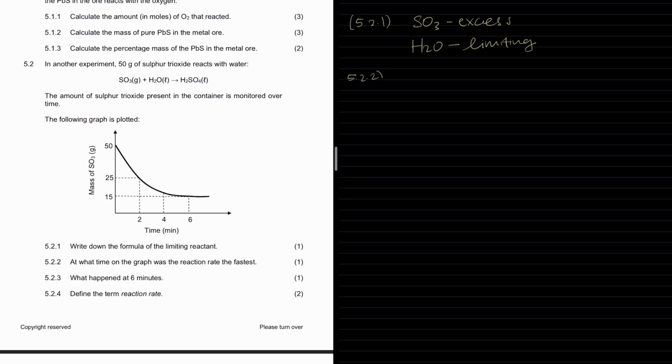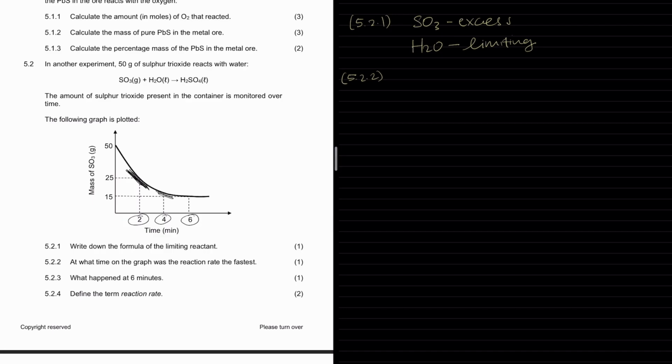5.2.2. At what time on the graph was the reaction rate the fastest? So we have options here, 2, 4, and 6. We can answer this by looking at the steepness of the curve. So at 2, it's quite steep.